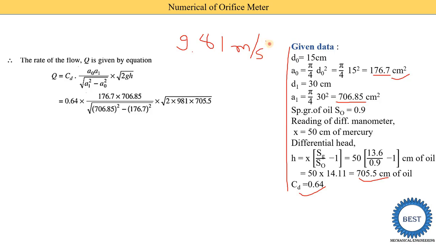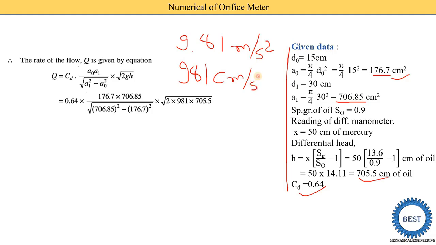Now we need to convert it into centimeters. Why do we need to convert into centimeters? Because area is in centimeters square, h is in centimeters. So we need to multiply it with 100. Means 9.81 is multiplied with 100. So it is converted to 981 centimeter per second square.